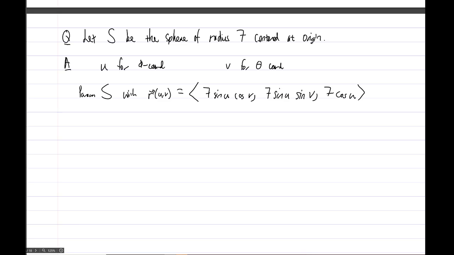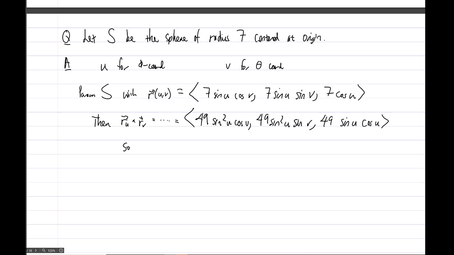Then there's some details to work out, but if you do r sub u cross product r sub v, skipping some of the details of setting up, taking the partial derivatives and writing out the 3 by 3 determinant and so on and so forth, you'll end up with 49 sine squared u cosine v, comma 49 sine squared u sine v, and 49 sine u cosine u.